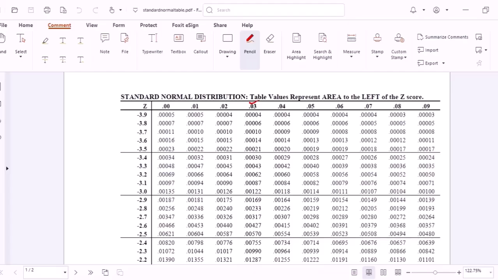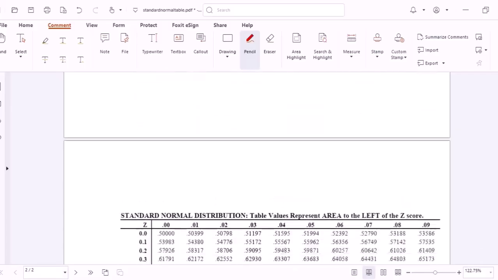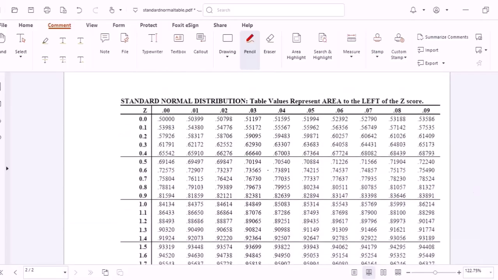So let me move down to 0.6378. This is the value which is closely relevant with it. It corresponds with these values, so it is 0.3 and the other value 0.05.